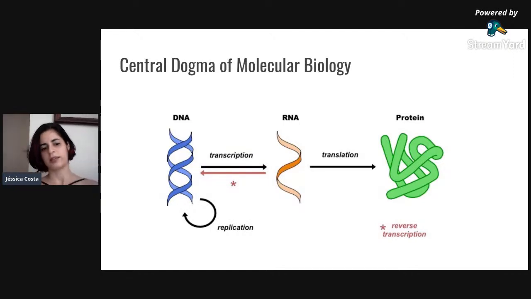In some cases, some organisms, viruses, we need a special type of virus called retrovirus. This virus doesn't have DNA, only RNA. Retrovirus makes a special process called reverse transcription.